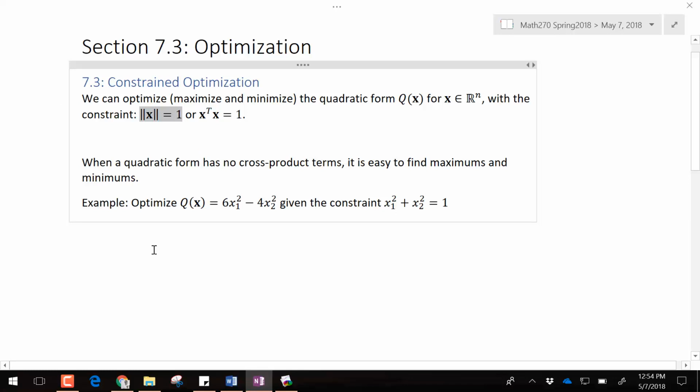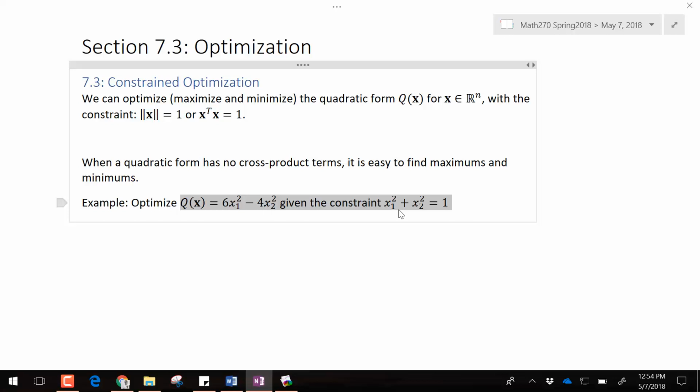So this translates as an optimization problem that looks like this. The magnitude of your x vectors equal to 1 is just the square root of x squared plus y squared equal to 1. If you square both sides, it's like saying x squared plus y squared is equal to 1.